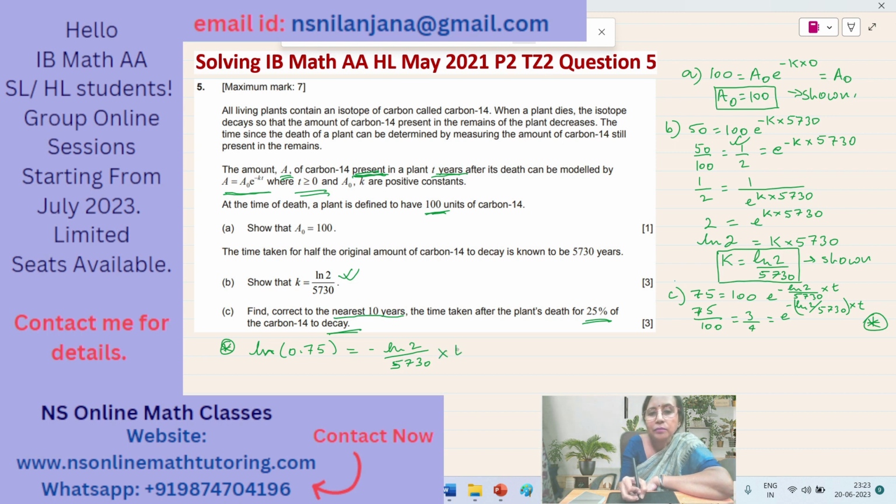So t should be equal to negative ln of 0.75 times 5730 over ln of 2, which is equal to, now we have to use the calculator.